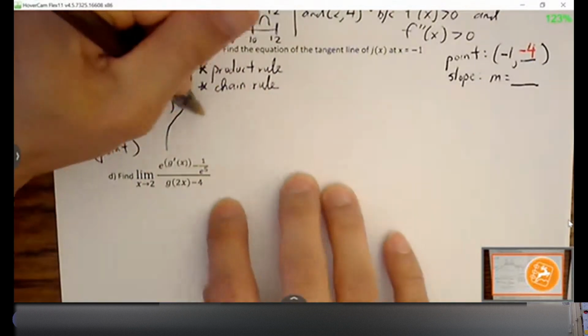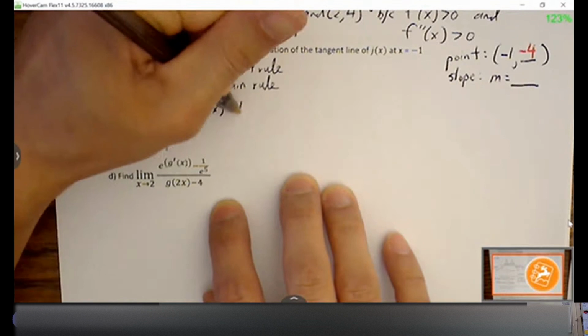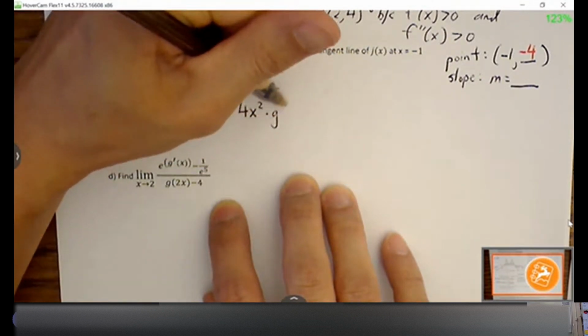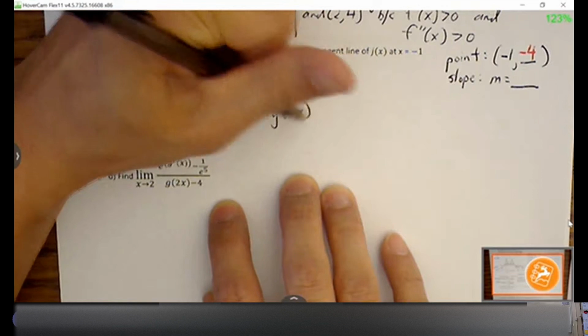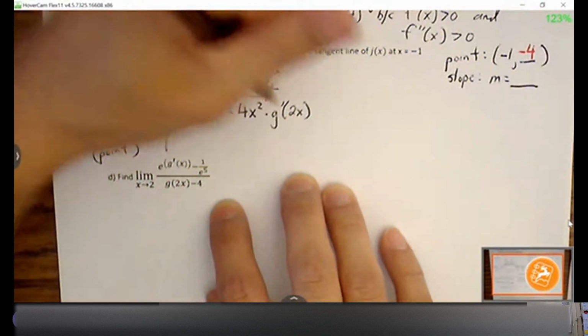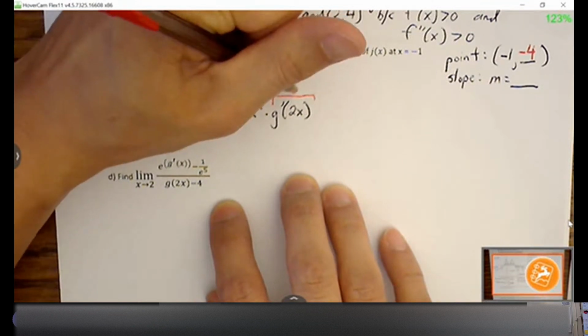Okay, so let me rewrite the j of x function here. Let me label the parts here. There's my f, this is my g.